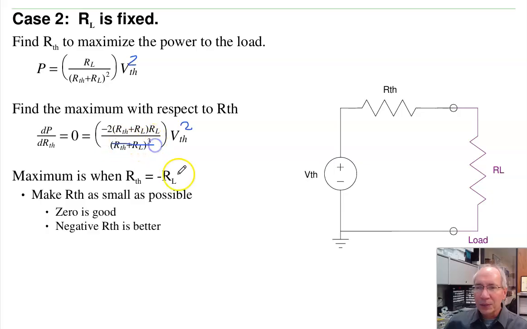This doesn't matter. RL is a constant. I want to pick R Thevenin to make this 0. That tells you that R Thevenin is minus RL. So I actually want to have a negative resistance for R Thevenin. That'll maximize the power. Then the power's infinity. If I can't have a negative resistance, make it as close to negative RL as possible, meaning 0.